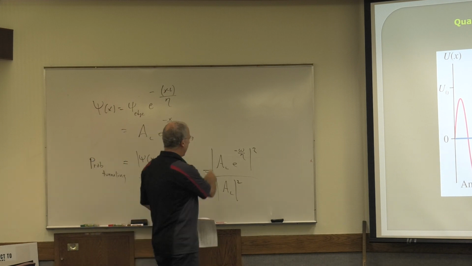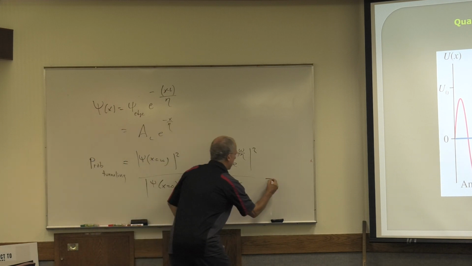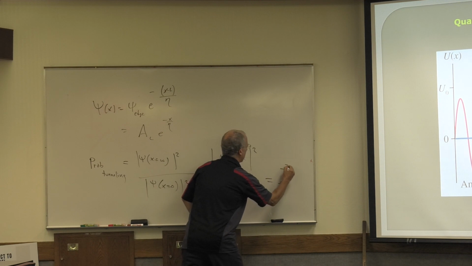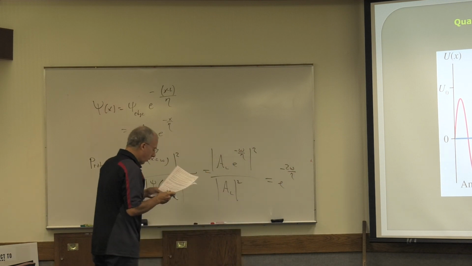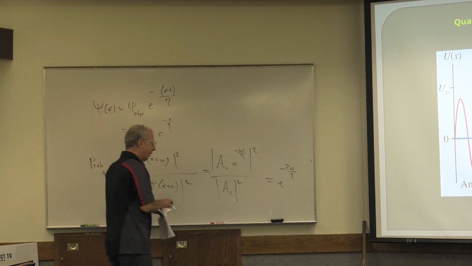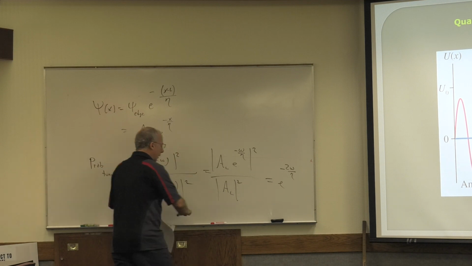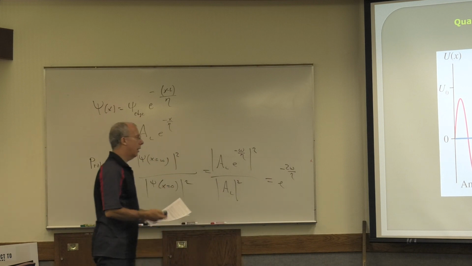Well, that's nice, so the A_L squareds kill. We just got e to the minus 2 width over eta. All right, that wasn't too hard. Okay. All right, so that's the probability that the particle tunnels.